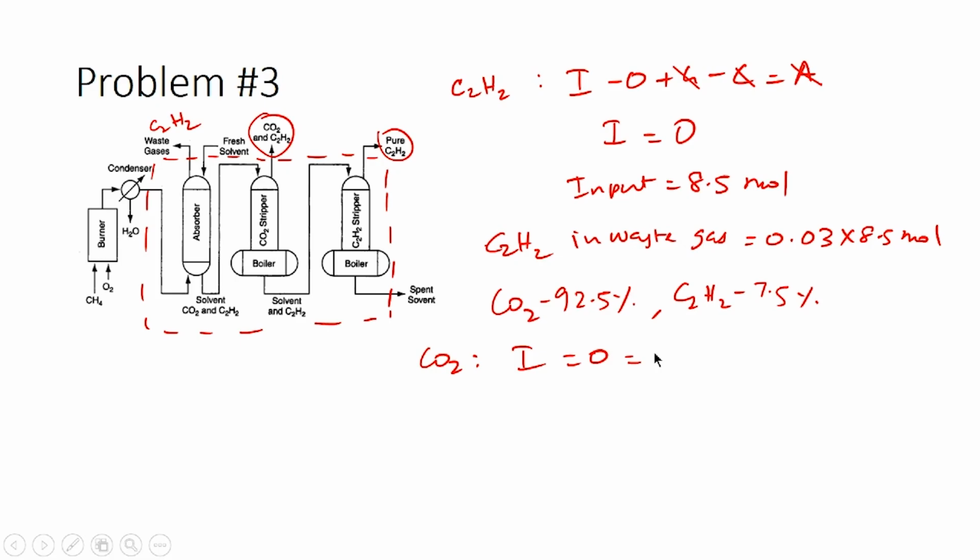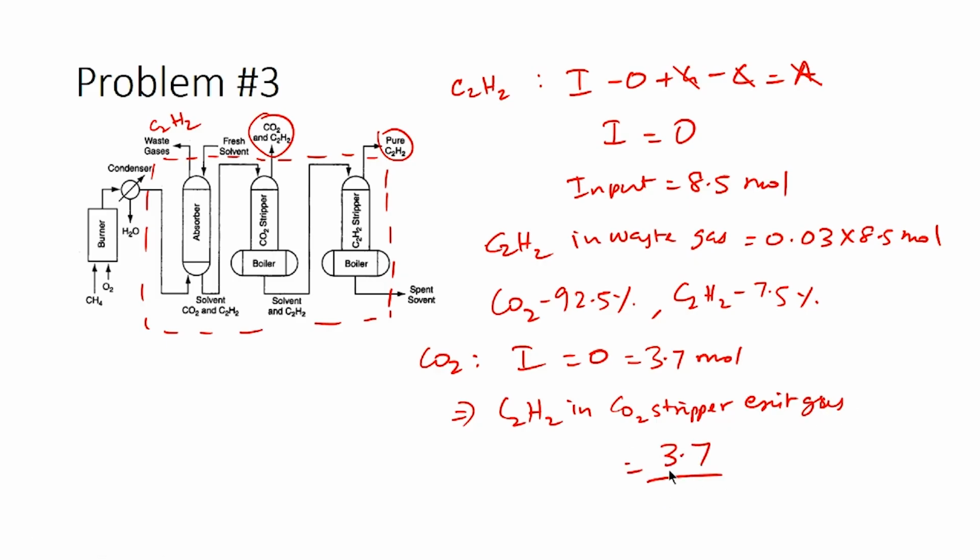Based on the composition of the gas, the output would be 3.7 moles. So, 3.7 moles accounts for 92.5%. This implies C2H2 in the CO2 stripper exit gas would be equal to 3.7 divided by 0.925 times 0.075. This would be the second exit stream.